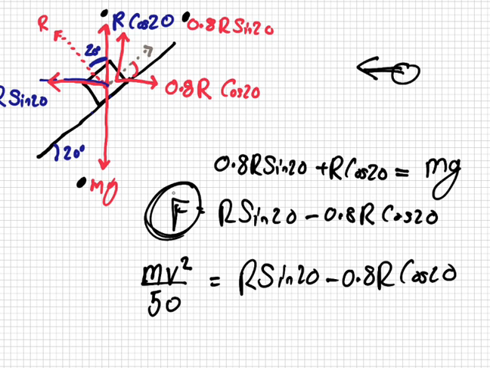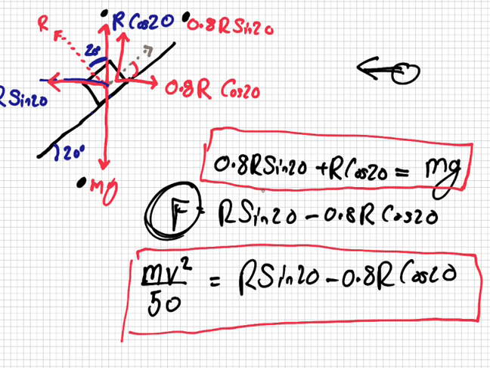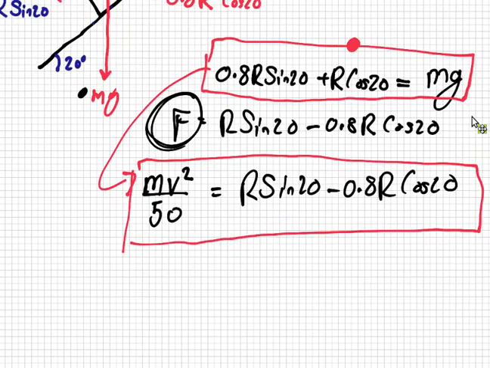Okay, so we have this equation, and then we have this one here. I should get R from this equation and then sub it into that one. So we can do that.